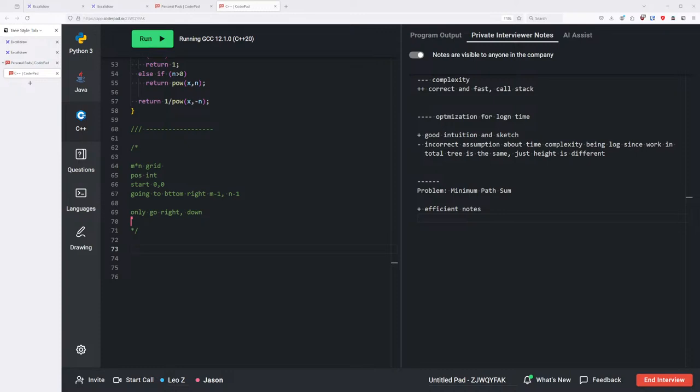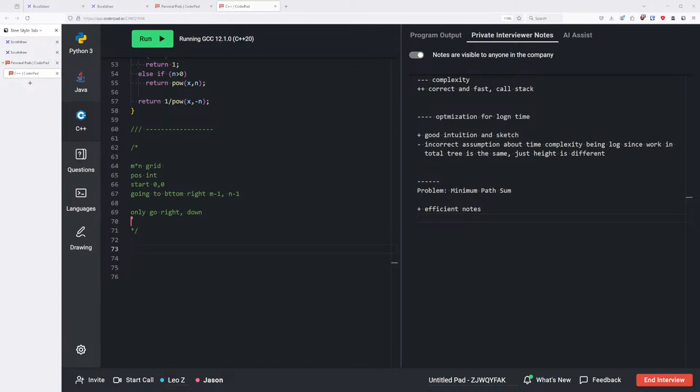Do you have intuition for what might be better? Let's see. I think we could do something where as we're iterating, let's say left to right, top down, so we first go left to right, and then top to down in that order of the grid.